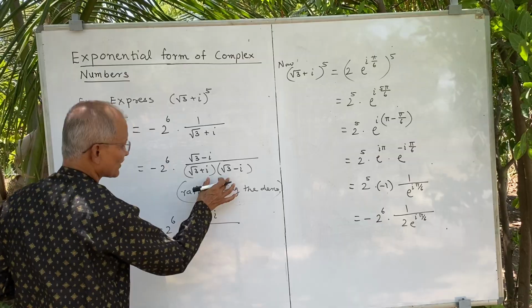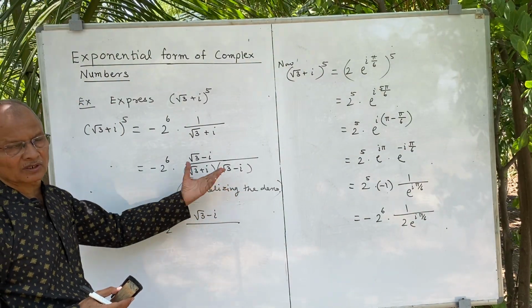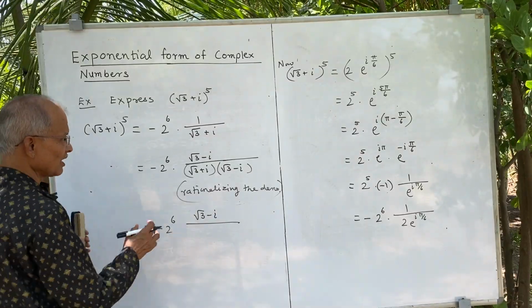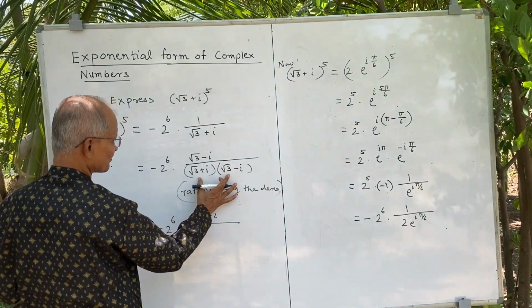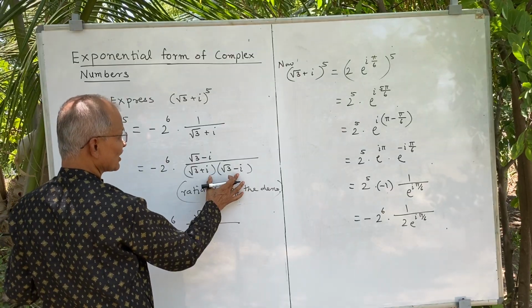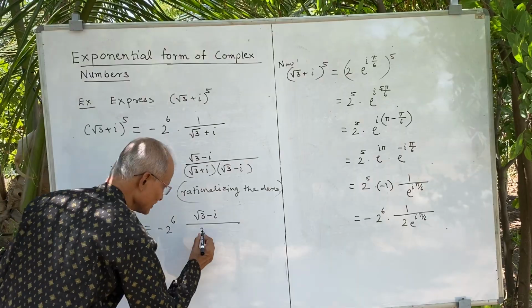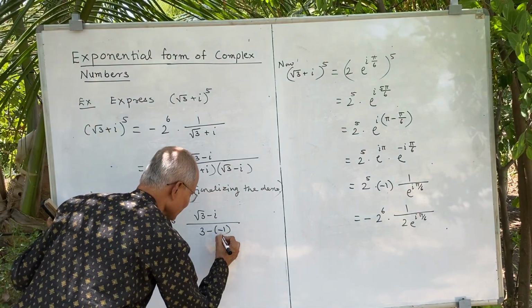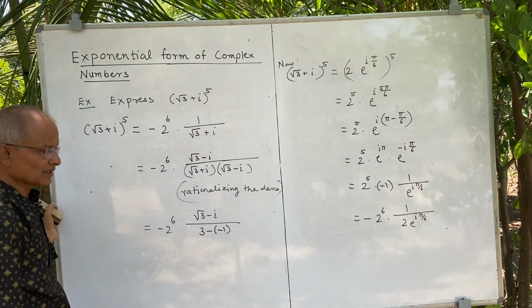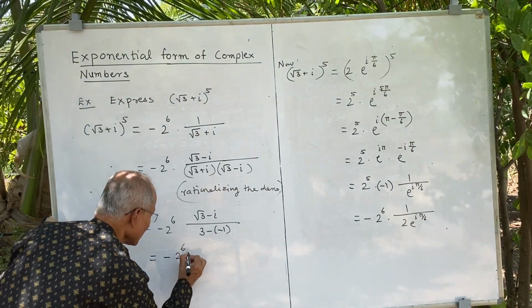And what is the denominator? It is in the form a plus b into a minus b, whose product is a squared minus b squared. The square of root 3 is 3, and minus the square of i, that is i squared, minus minus 1, which is 3 plus 1, 4, and we can write this 4 as 2 squared.